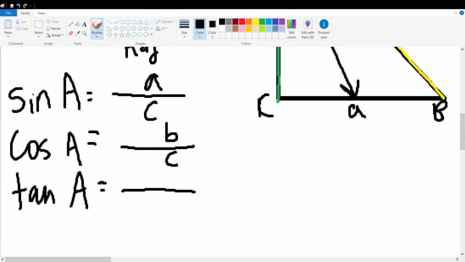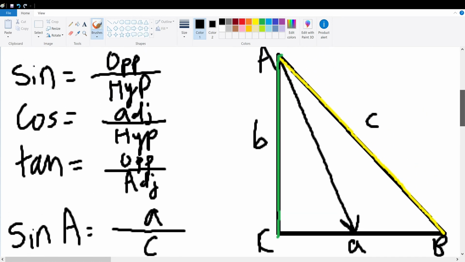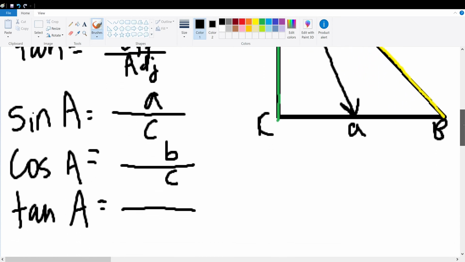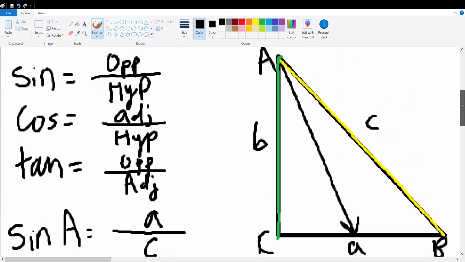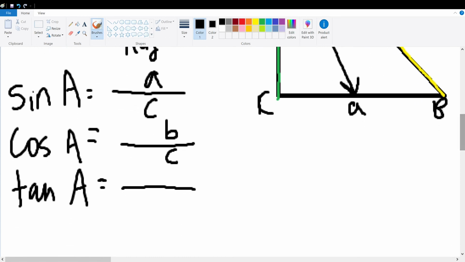The definition of tangent is opposite over adjacent relative to angle A, in this circumstance the opposite side, as mentioned before, is side A, with the adjacent side being side length B as labeled here in green. Therefore, tangent of A is A over B.